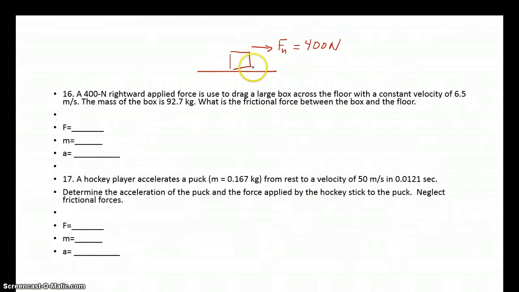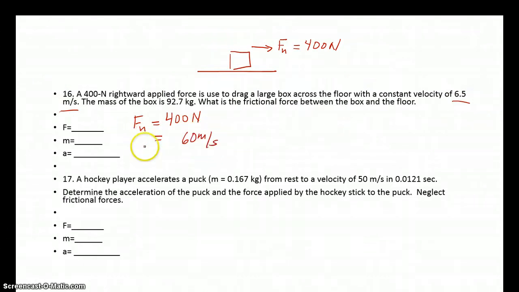Then the other piece of information I have that I can draw, I think is actually fine with what I have. So let's write down what I have. 400 newtons is not my net force. It is my applied force. There is a difference. That means I cannot use my F net equals m times a. But let's see if we have some other information. The next part it tells me is I have a velocity of 6.5 meters per second.